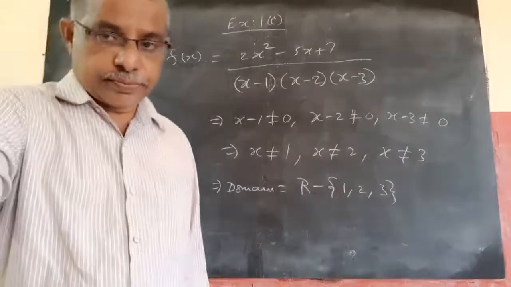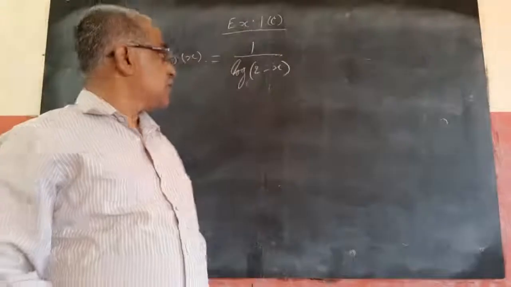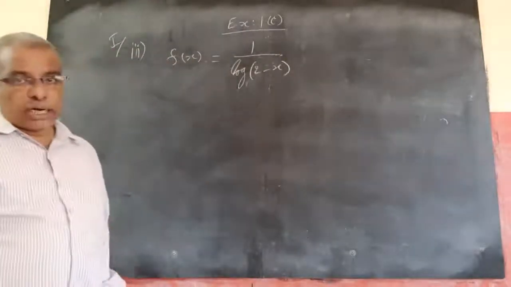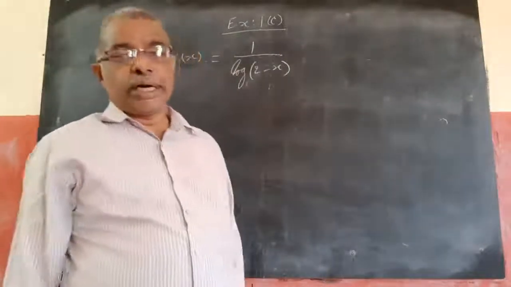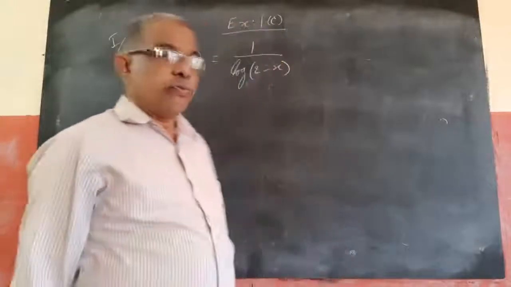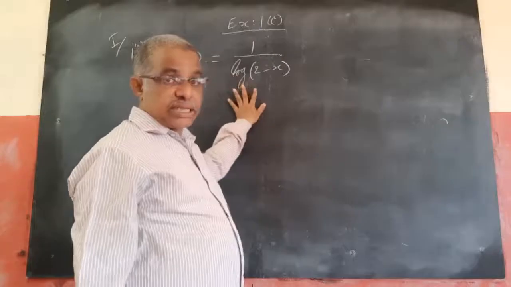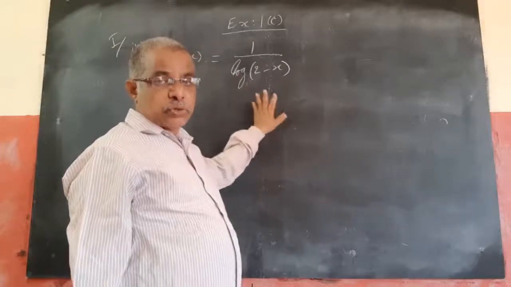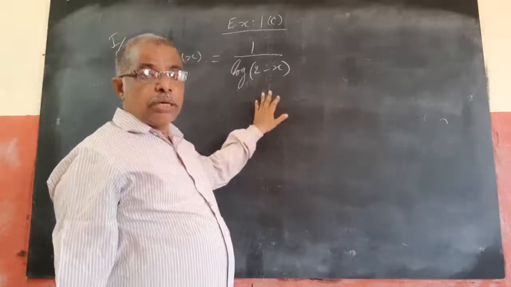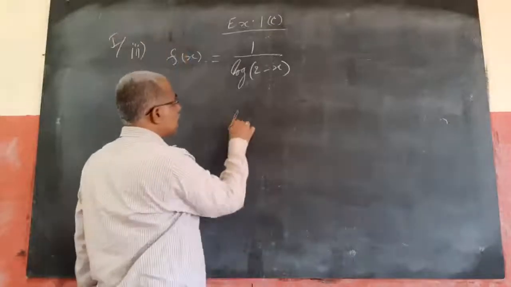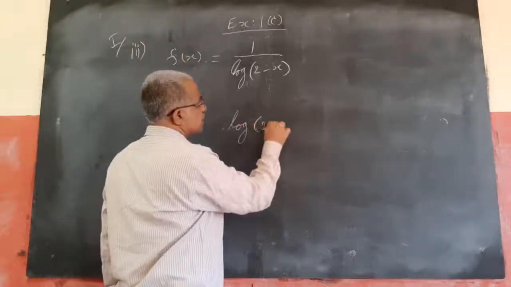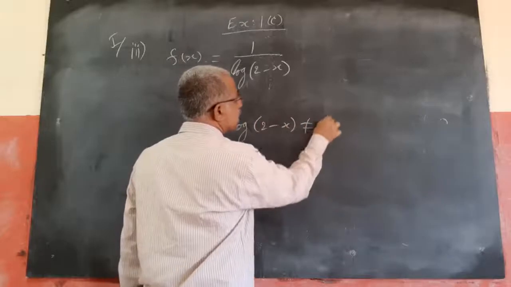Next, f of x equal to 1 by log of 2 minus x. When is this function defined? The same concept: the denominator should not be equal to 0. So first of all, log of 2 minus x not equal to 0 because this is in the denominator.